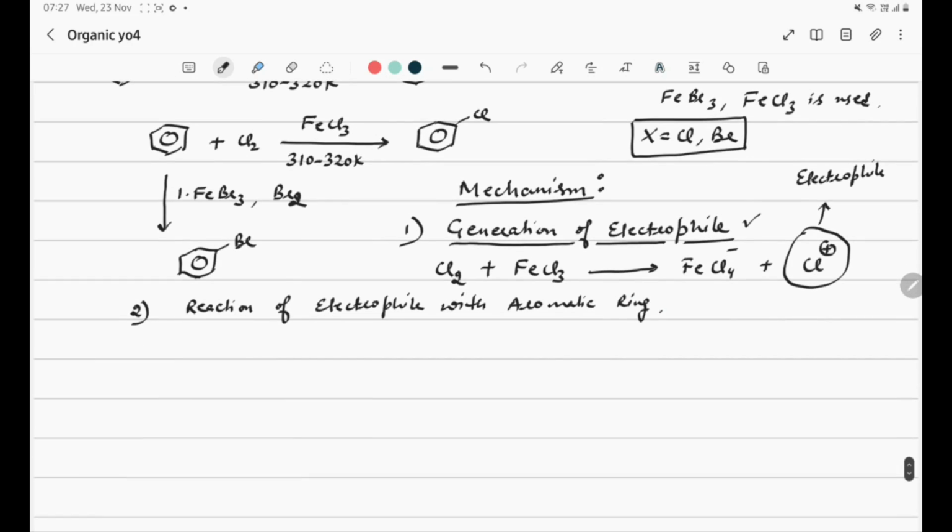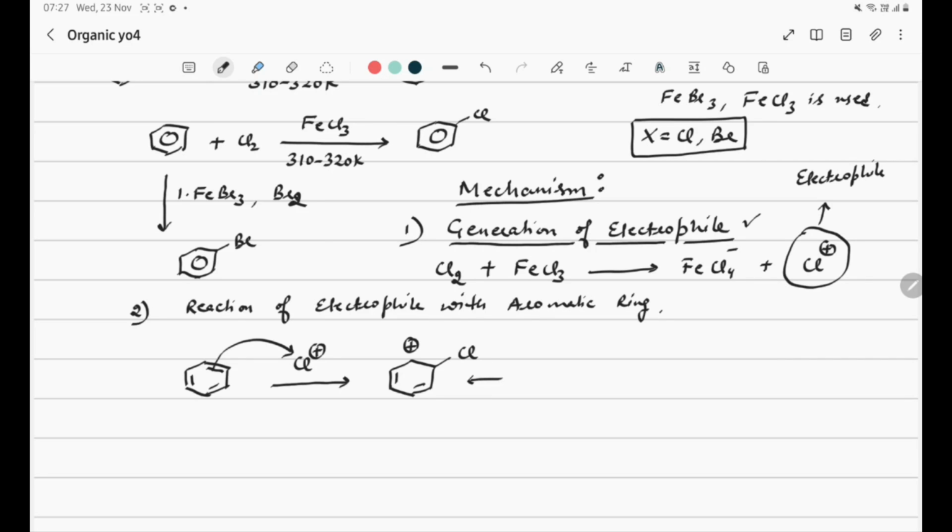One of the bonds of the aromatic ring is attracted towards the electrophile. This results in the formation of a carbocation. At one side chlorine is added, whereas at the other end a positive charge is generated.